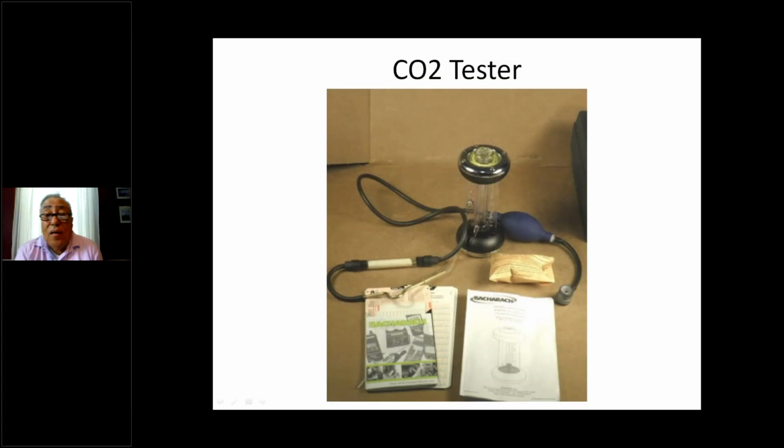Another part of the kit was the FireRite CO tester. And it came with this little squeeze bottle. You take your probe and put it into the test hole and pump the squeeze bottle 18 times, and you put a sample of the flue gas into the liquid.